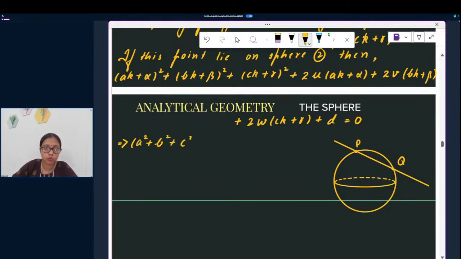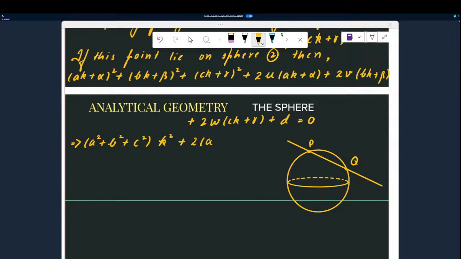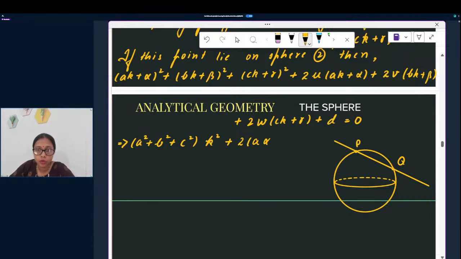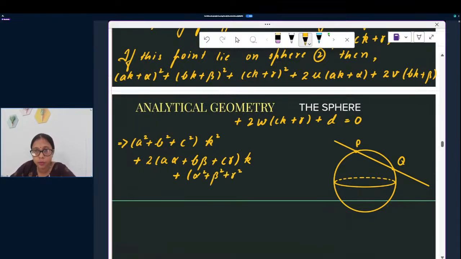So this equation can be written as a square plus b square plus c square times k square, plus the coefficient of k, which is 2 times A alpha plus B beta plus C gamma, plus the constants alpha square plus beta square plus gamma square plus 2u alpha plus 2v beta.